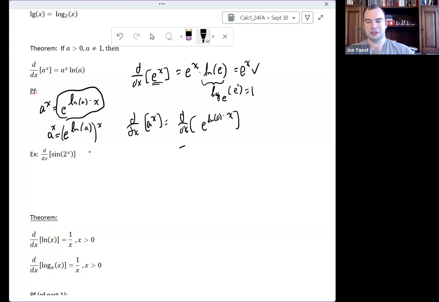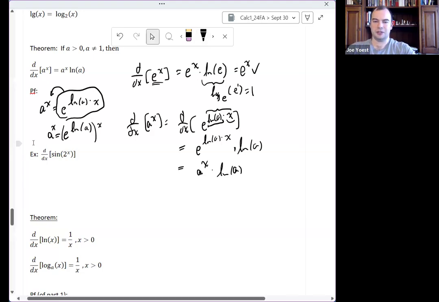But by the chain rule, this is just e to the stuff, right? The derivative of e to the stuff is e to the stuff times the derivative of the stuff in the exponent. The derivative of constant times x is just constant. And e to the log a times x is just a to the x.